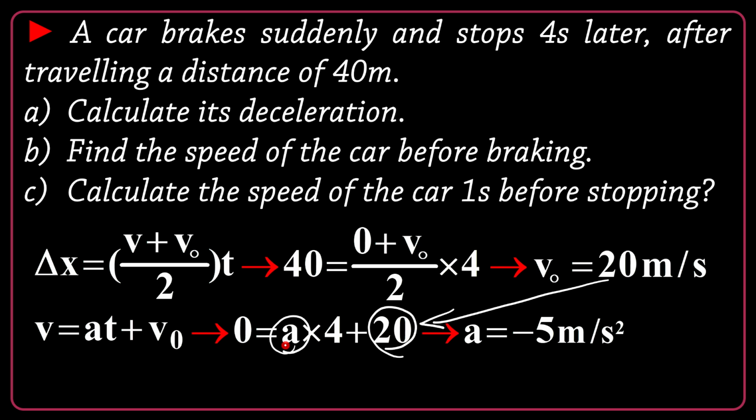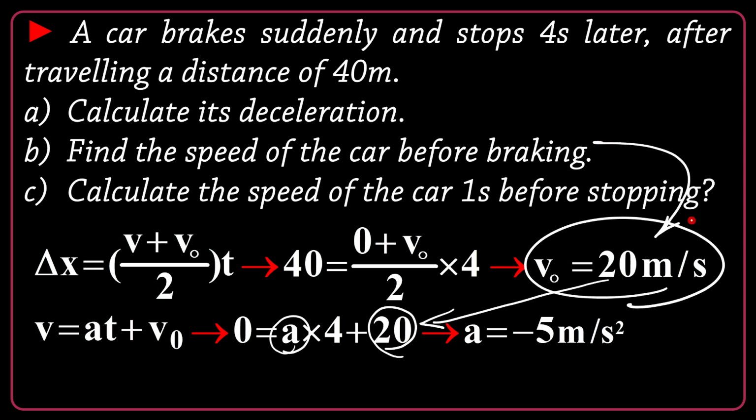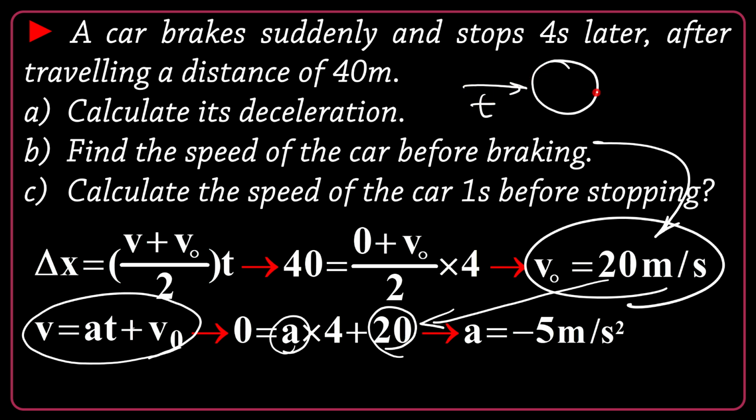Find the speed of the car before braking. Basically, we did it. And then finally, calculate the speed of the car 1 second before stopping. You know, the velocity-time equation is a generator of velocity. Basically, it's a machine. It gets t from you, and then the output will be velocity.